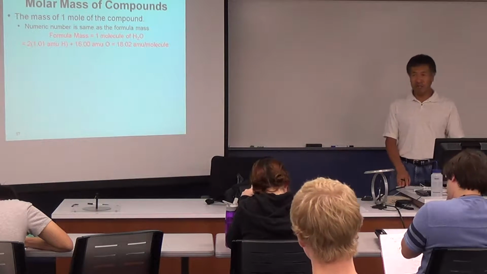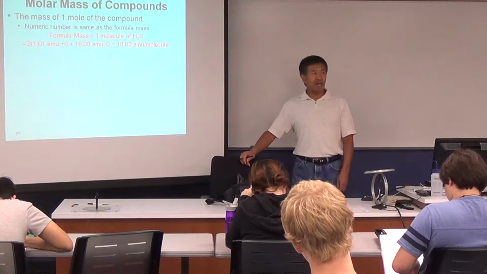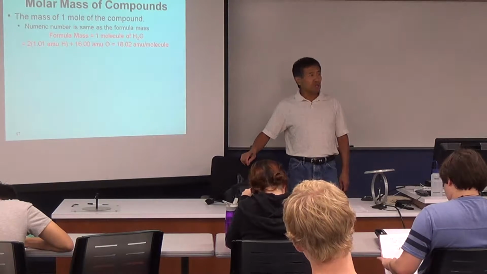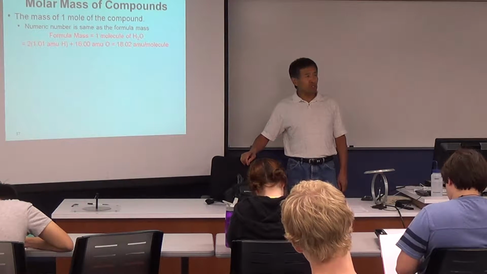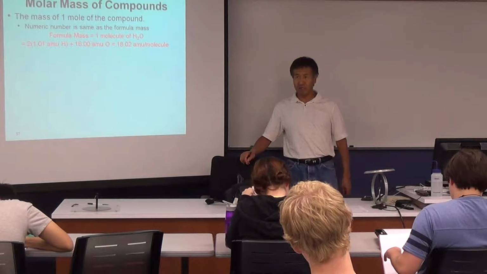If you want to calculate for 1 water molecule, you identify the water molecular formula is H2O, so it has 2 H for each water molecule and 1 O for each water molecule.